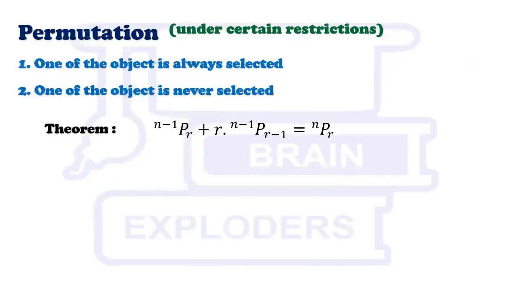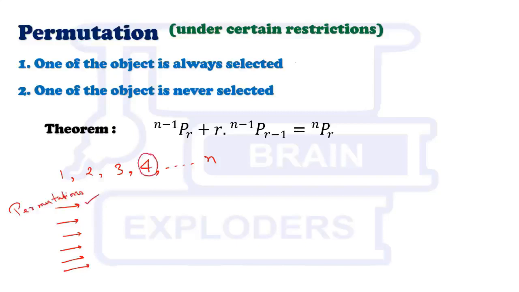Now on the basis of these two restrictions, there is a theorem also. Suppose we have n objects, and one by one we write all their permutations. Now select those permutations in which 4, or any particular object, is available.